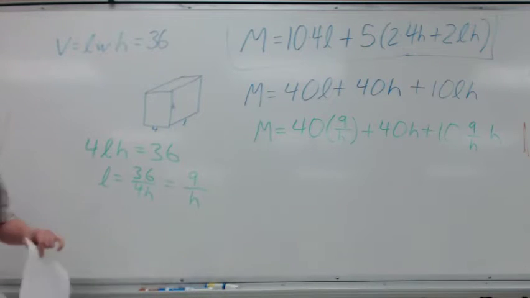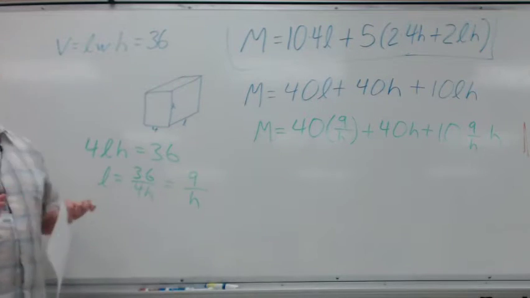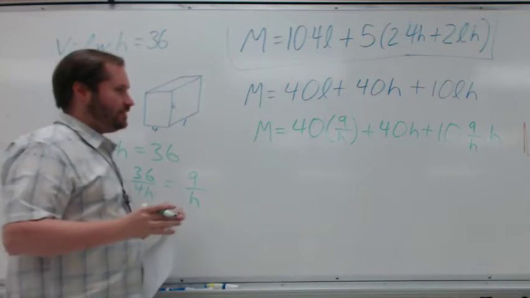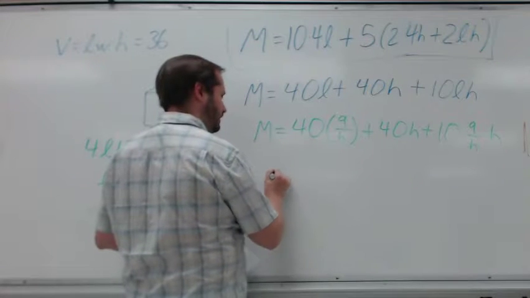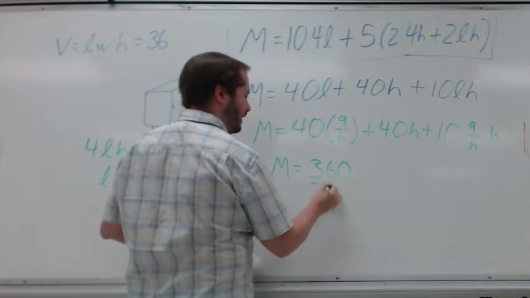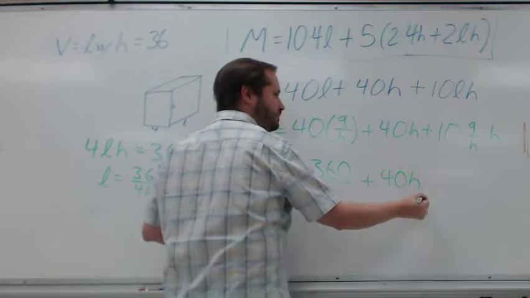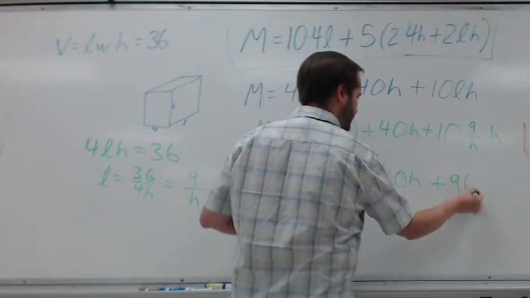Oh, H is canceled. Isn't that nice? That's such a happy feeling. Does this make sense? So that's going to be M is 360 over H plus 40H plus 90.